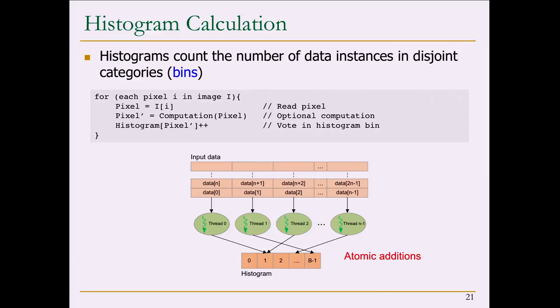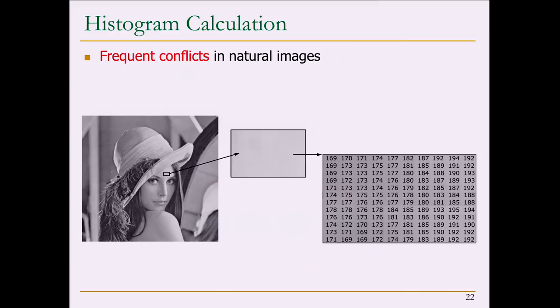That's why it is better in this case to use the scatter approach and process the histogram using atomic additions. The problem is that atomic operations might entail conflicts, and these conflicts, unfortunately, are going to be very frequent in many of the cases where we use histograms.